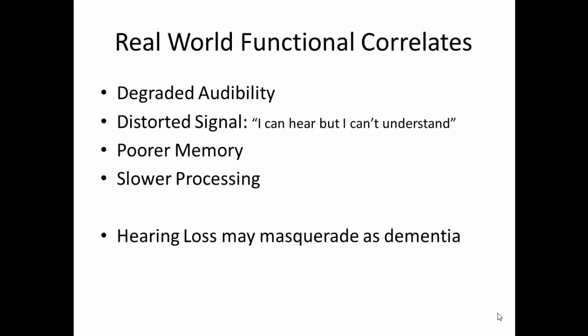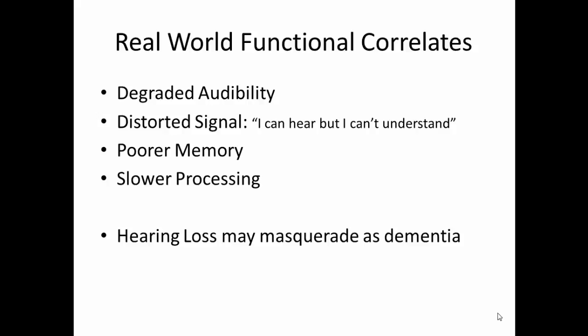And of course, some of the real-world functional correlates: how does this matter in a typical audiology practice? We're dealing with patients as they age, and the degraded auditory signal, the degraded audibility, the distorted signal become more apparent. We're working with patients that have poor memory and slower overall processing, and it becomes more of a challenge when the entire interconnected system becomes affected.